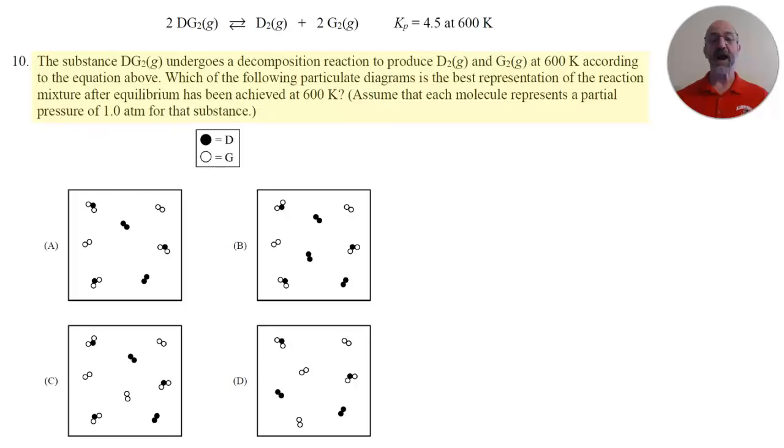So our equilibrium constant expression will be products over reactants, and it will be a Kp, so not concentration, so not hard brackets, but rather capital P for partial pressure.